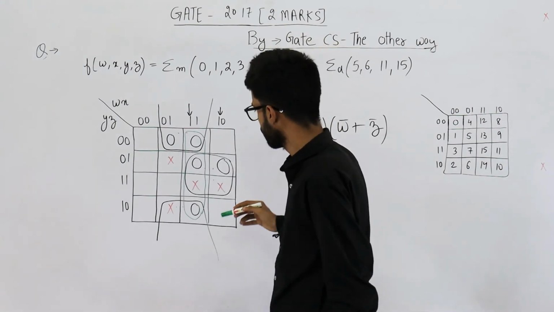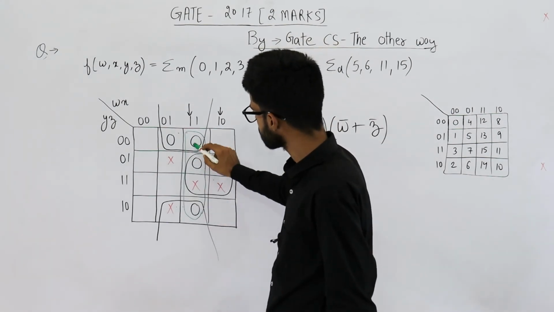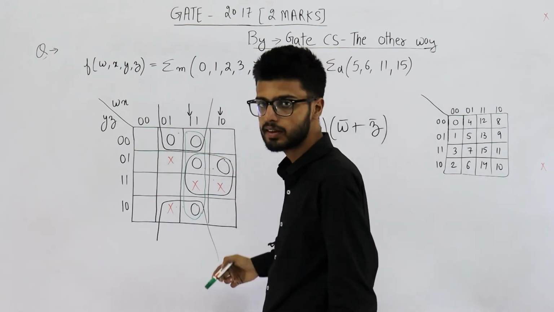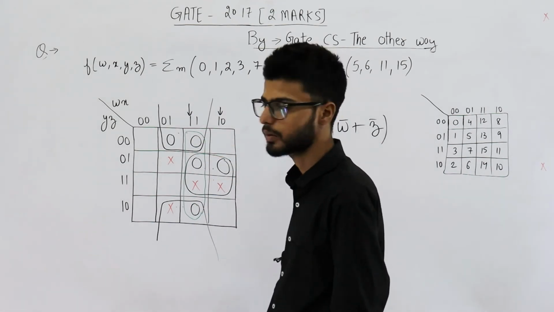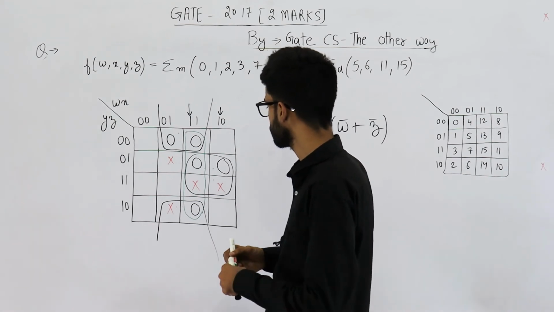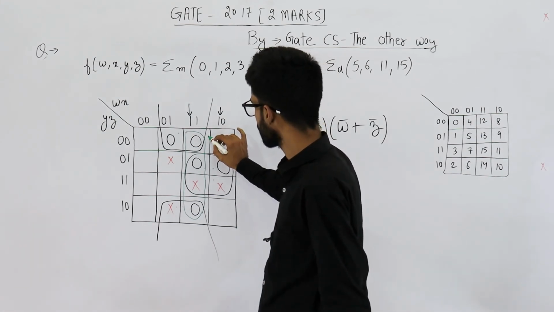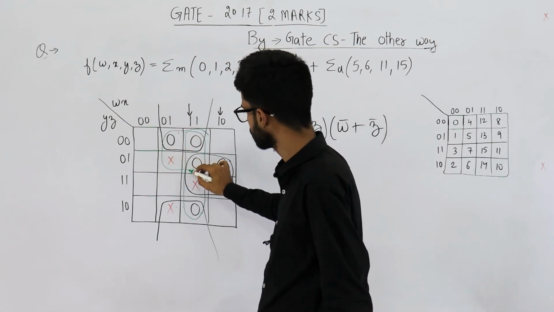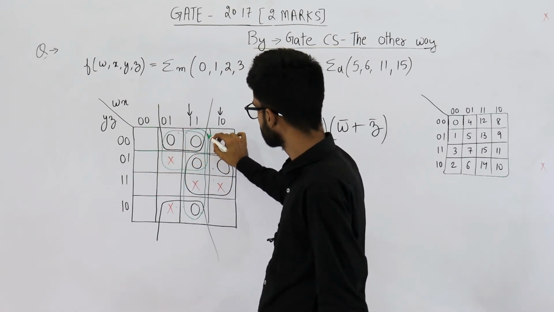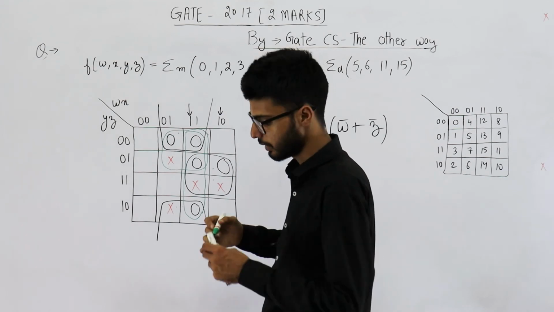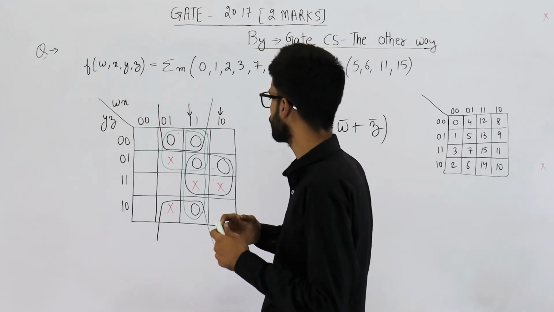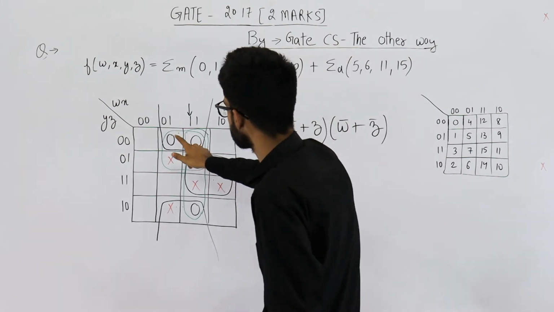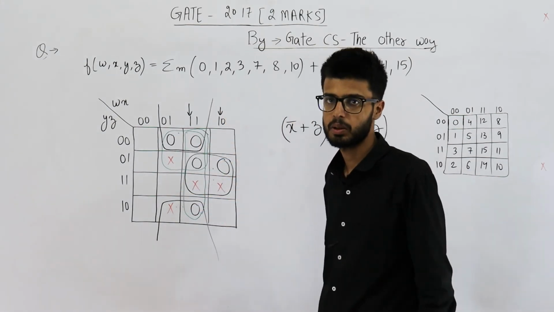Because all the cells that this prime implicant covers, these three zeros, are already covered by other prime implicants. Similarly, you notice if I try to make this prime implicant, this one will also not cover any new cell. All these three zeros are covered by other prime implicants as well.